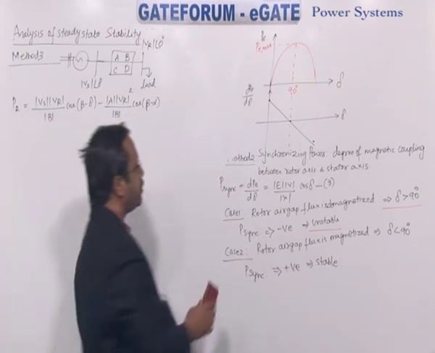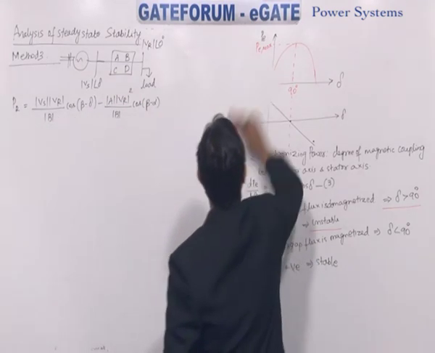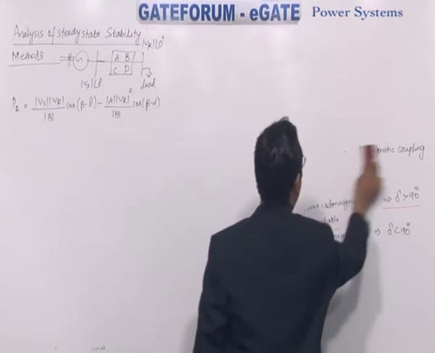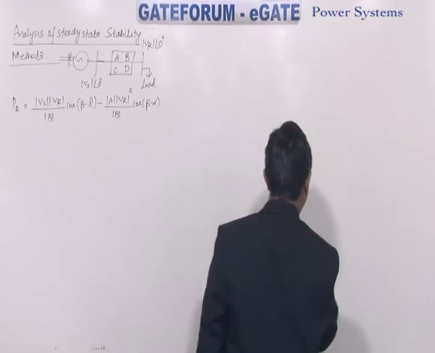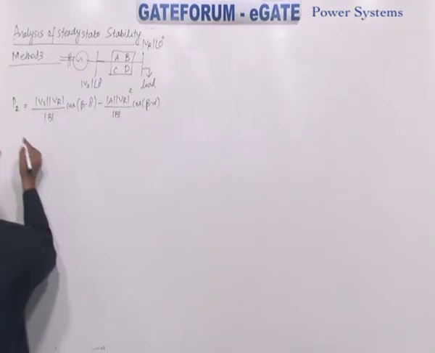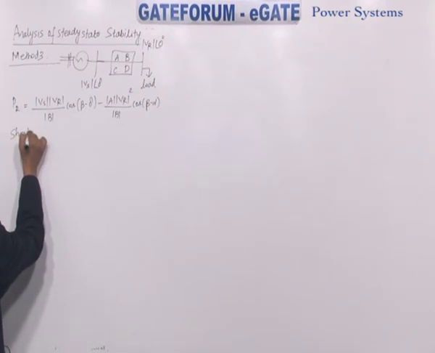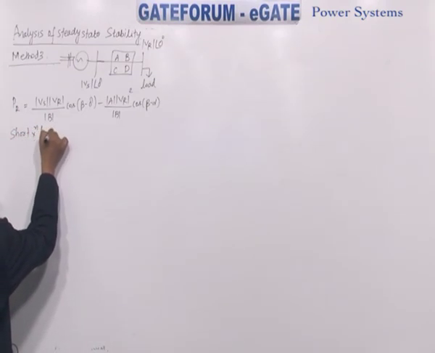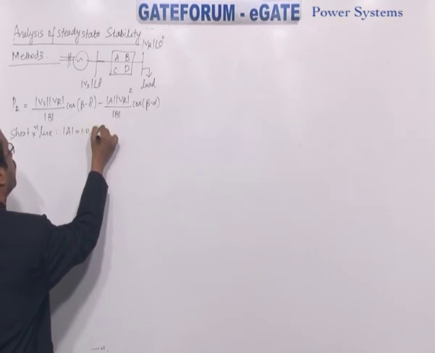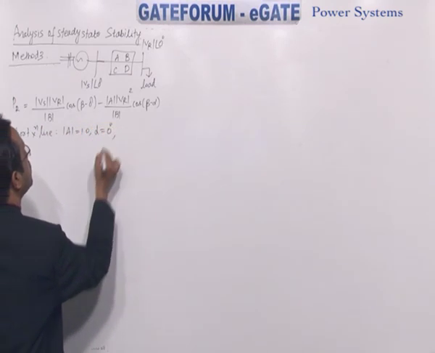Now we implement this formula initially for a short transmission line and further for a long transmission line. So for a short transmission line, what are the parameters? A is 1, alpha equal to 0 degrees.